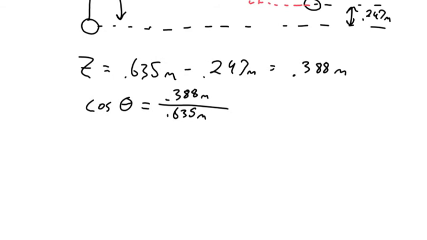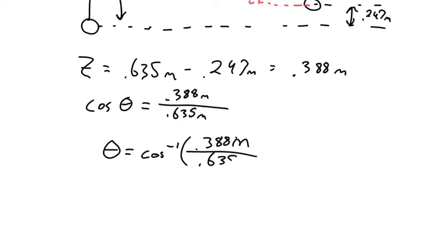So now theta will be the inverse cosine of 0.388 meters divided by 0.635 meters. And so theta is going to have a value of 52 degrees.